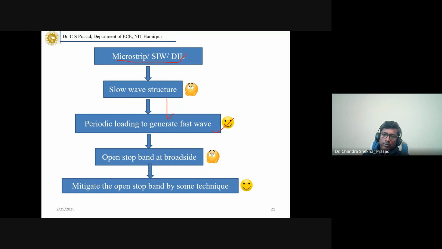Then we will have the open stop band at broadside, and that is the challenge. To mitigate it, we have to use some techniques for impedance matching. That is the main design challenge, and if you see research papers, the challenge is mostly the same, and the solution may be a different way of solving the same problem.